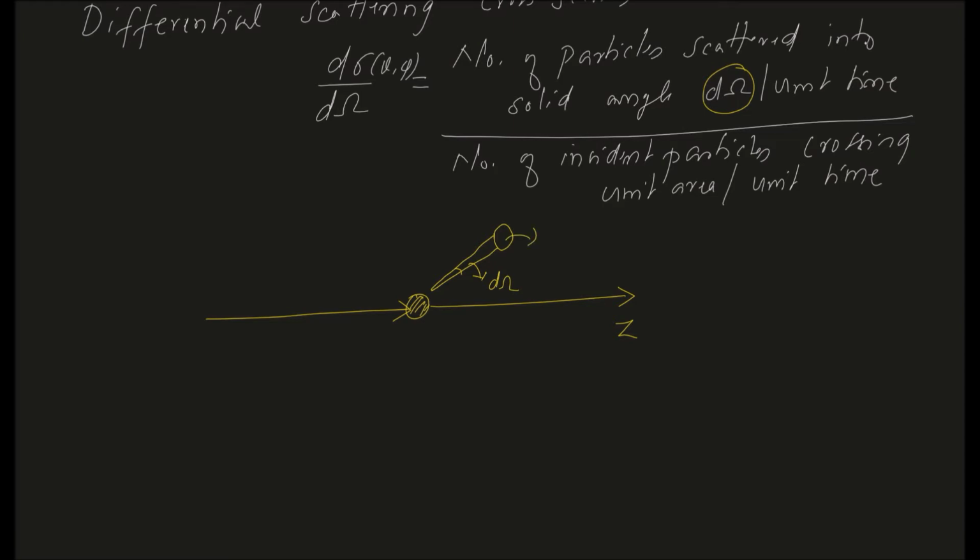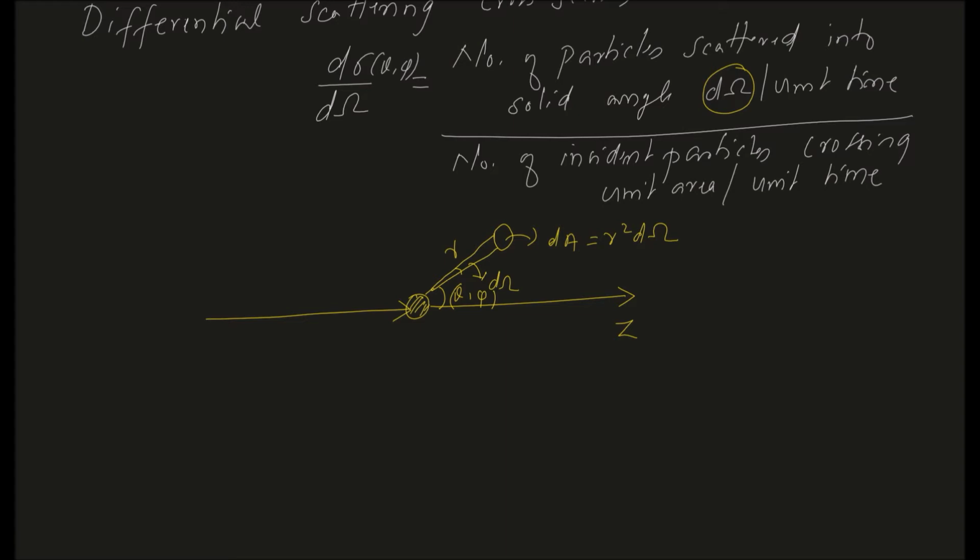At the end you have a circular area part, and that area is given by r squared d omega, where r is the distance from the point of scattering. So this is our point of scattering, and this is a function of theta phi. This is the typical situation that we are going to consider in a scattering experiment.